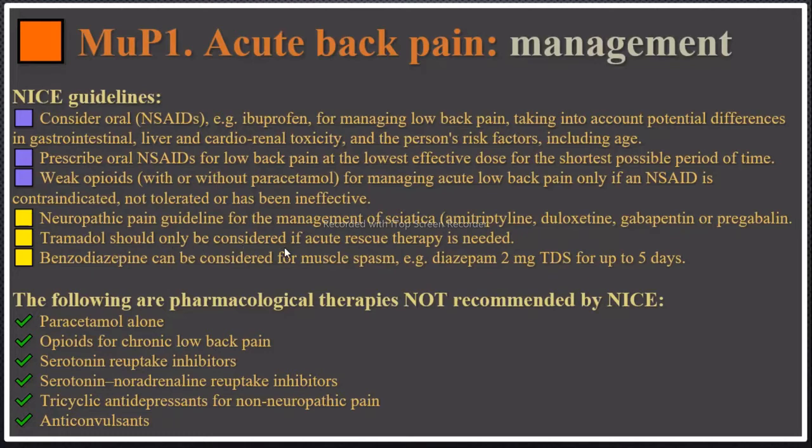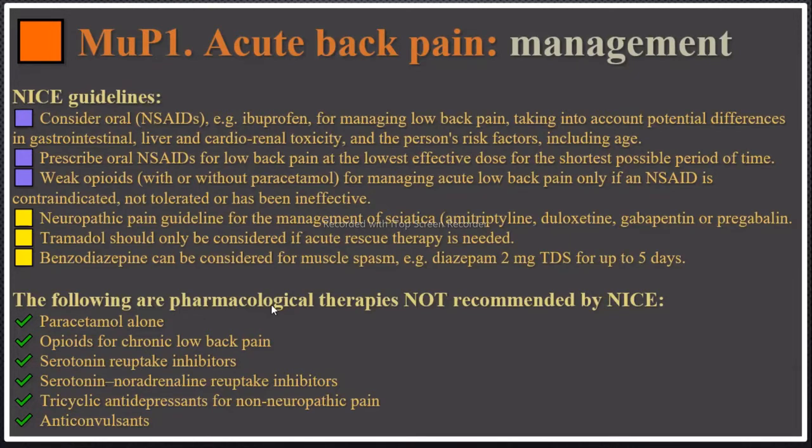It should only be considered if acute rescue therapy is needed, if the patient is not responding. Benzodiazepine can be considered for muscle spasm. So if they say the patient has back pain and he has a spasm, diazepam 2 mg TDS for up to 5 days. Remember that, please. Diazepam 2 mg TDS for up to 5 days.